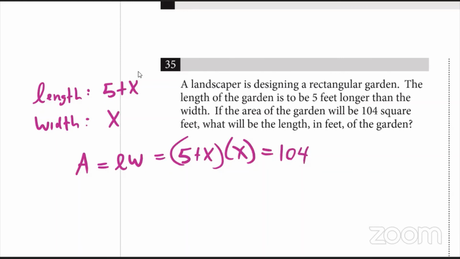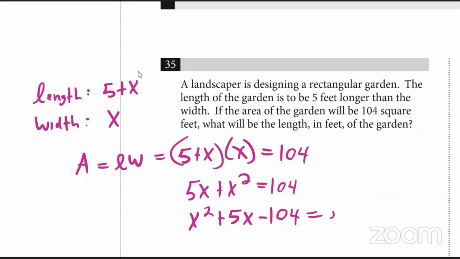So distribute the x into the 5 plus x. Subtract the 104 to the other side and rearrange the terms. You have x squared plus 5x minus 104 equals 0.